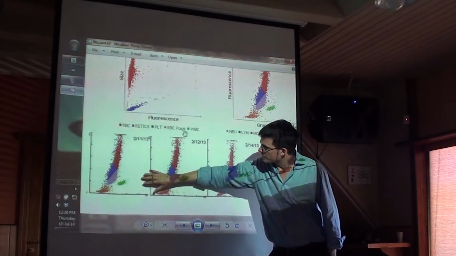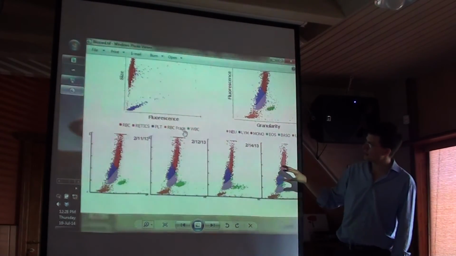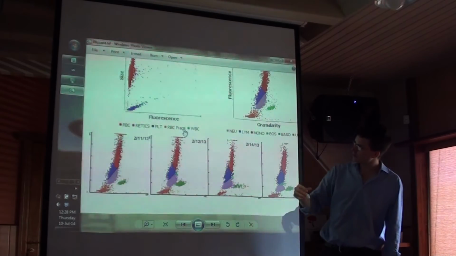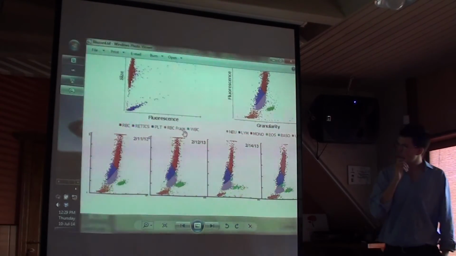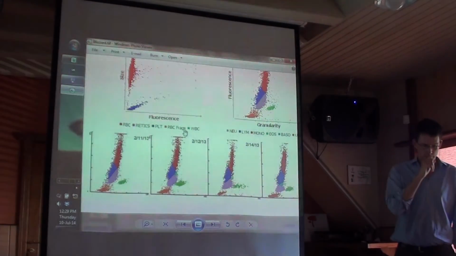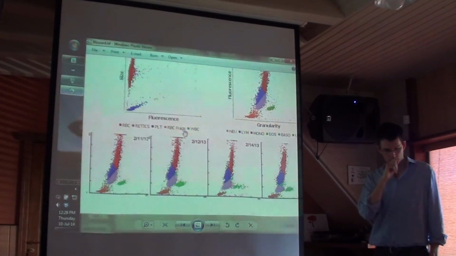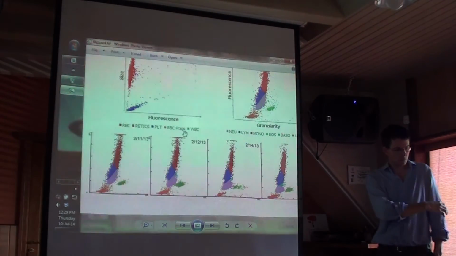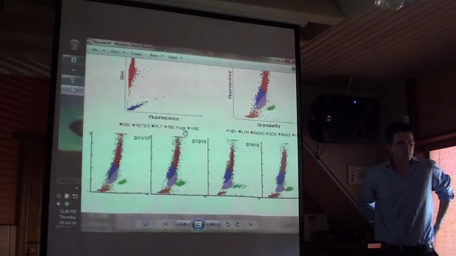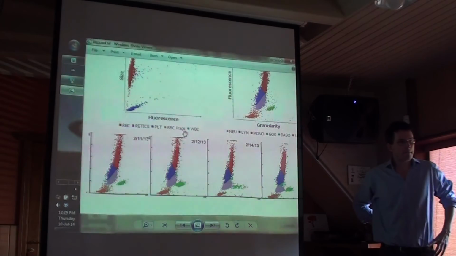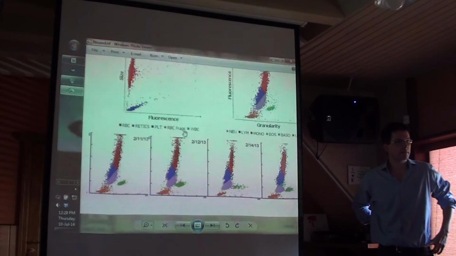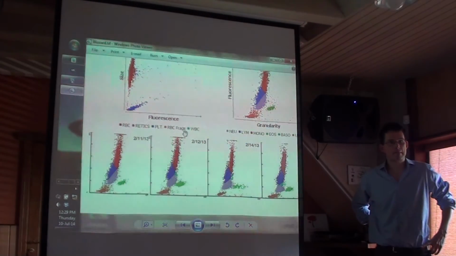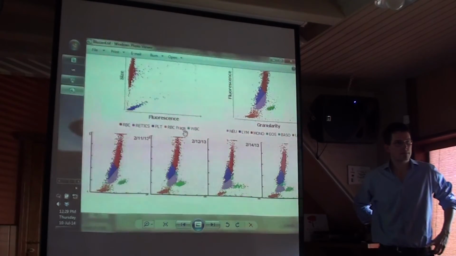But again, we have a sequence of dot plots from a different analyzer this time, but it's the same principle. You can see how the clouds of cells are changing. Is the dog's inflammatory situation getting better or is it getting worse?